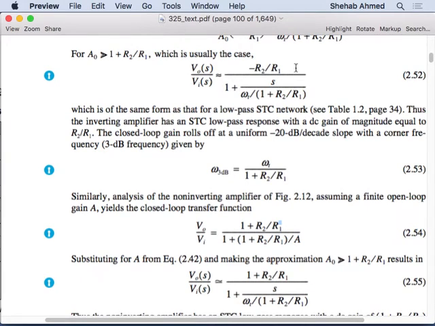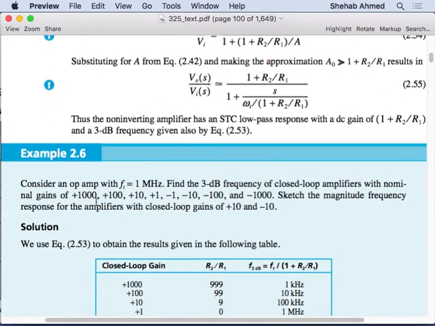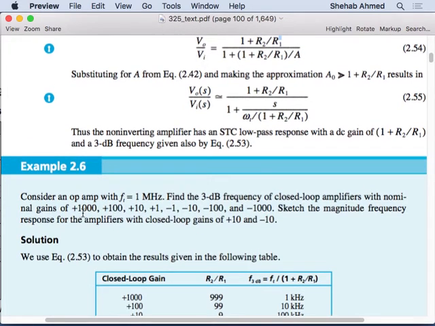Fine, you can come up with the magnitude and phase of this transfer function and plug in different values for omega. They tell you to plot the magnitude and phase for A equal to 1000, 100, 10, 1, minus 1, minus 10. So this is non-inverting.